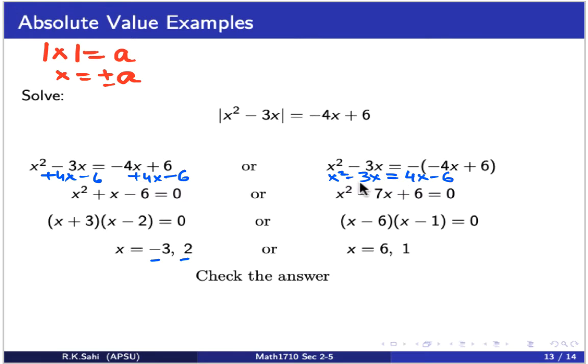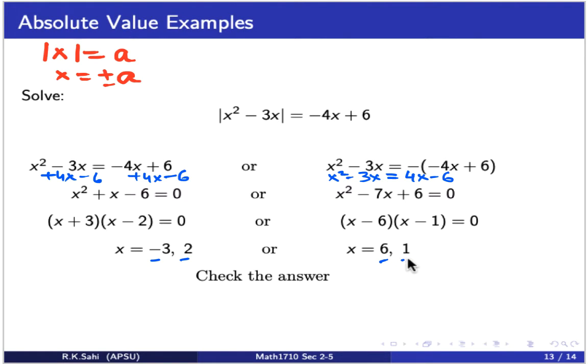Then get all the terms on the left-hand side of the equal sign. We get x squared minus 7x plus 6 equals 0. Solving this quadratic equation, we can easily factor it. We get x minus 6 times x minus 1 equals 0. So the two x values from this equation are 6 and 1.